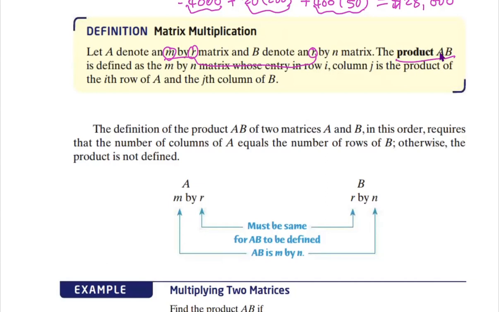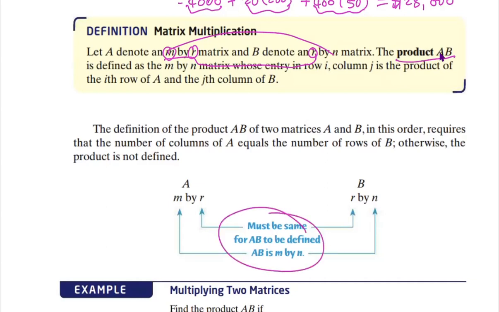You don't have to compare the two other numbers, but the number of columns of the first one must equal the number of rows of the second for the multiplication to be defined. They must be the same.